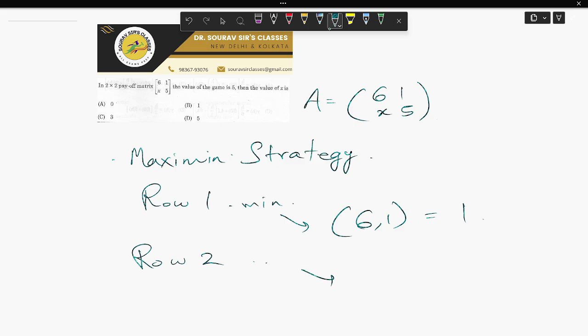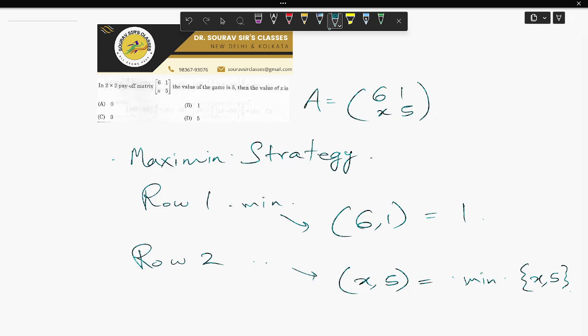We are taking from x and 5, so that will be the minimum of x comma 5.